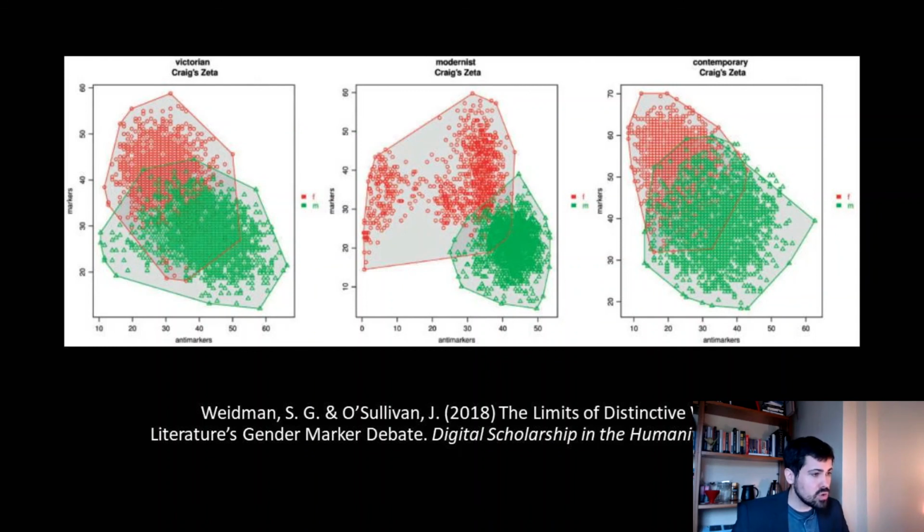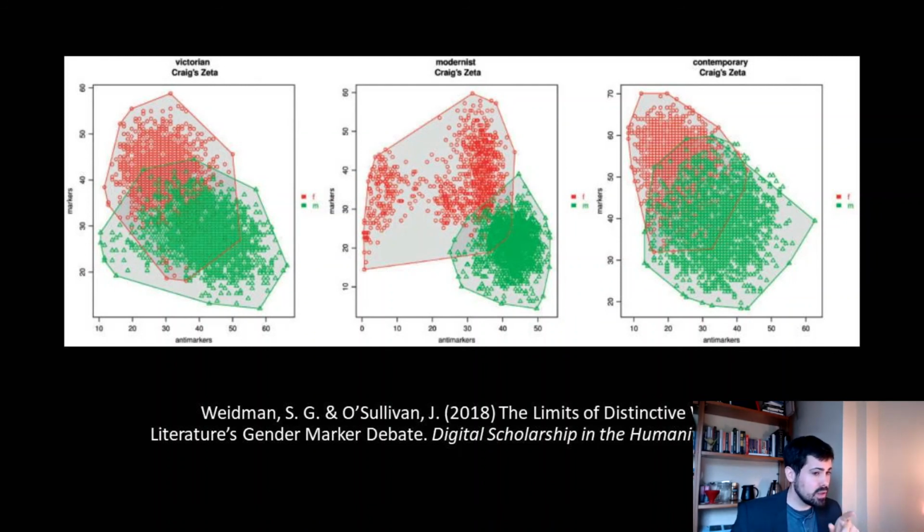And what you can see here is that in the Victorian and contemporary periods, there really is a lot of crossover between the men and women. There is some difference, and we'll talk about that in a bit, because Zeta will always find difference because that's what it's designed to do. But what you should be really looking for, I would argue, is the amount of difference. And what you can see here is that there really isn't much in the Victorian and contemporary cases.